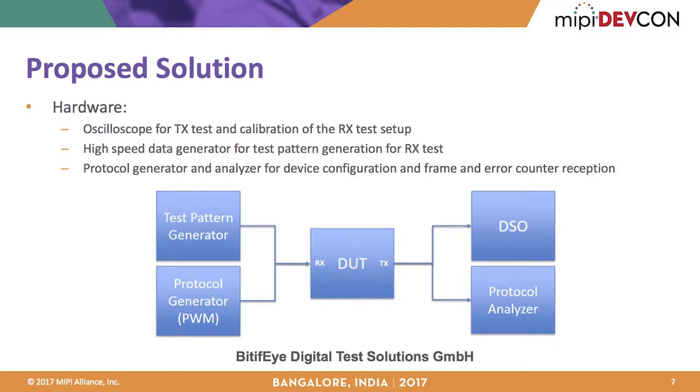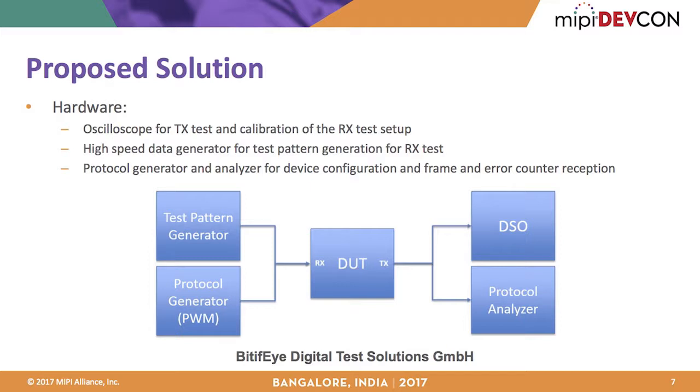So basically, the protocol generator will generate the PWM, so the low speed mode, so it does not have to go through the BERT. It is connected with the BERT and acting as a master via a switch.